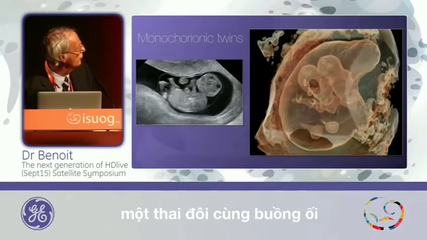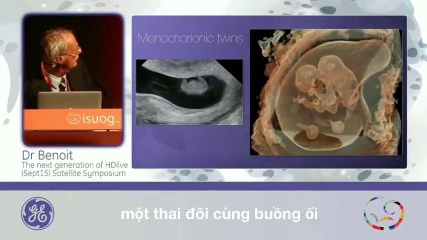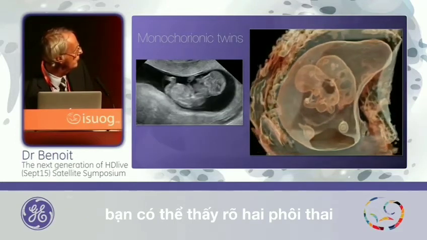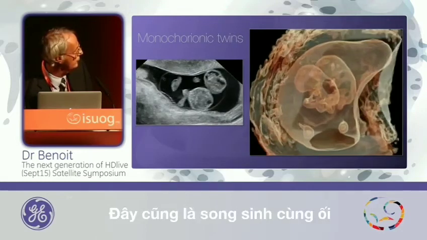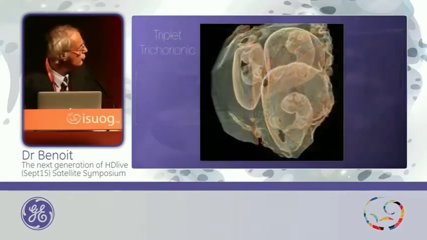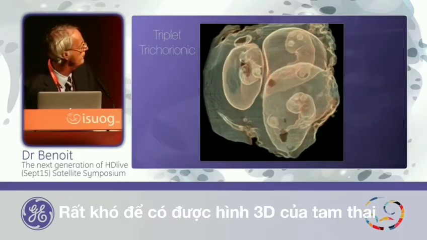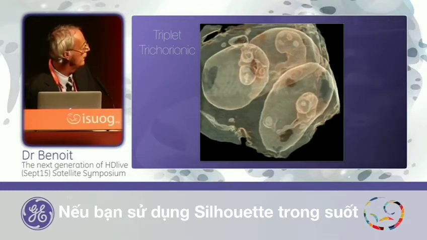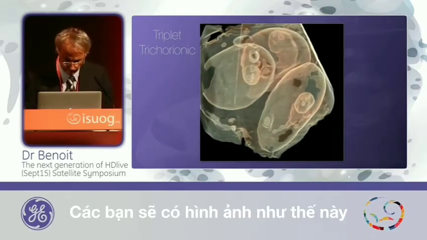And also it was monoamniotic twins, and you can clearly see here the two embryos, but with 2 yolk sacs. Triplet, it's really difficult to give a 3D picture of triplet, but in this case, if you play with this silhouette, this transparency, you can obtain this.